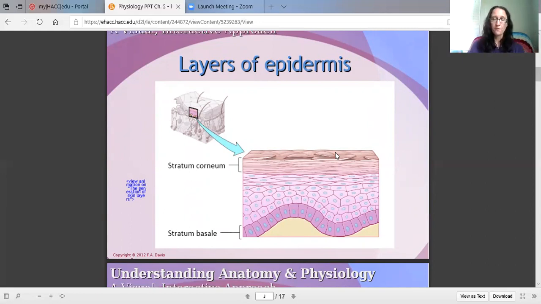They just peel off. Now, the reason that this is called the stratum corneum is because these cells, which are, again, just dead, flat, keratinized cells at this point, look like corns of salt. Now, you may or may not have ever seen corns of salt.